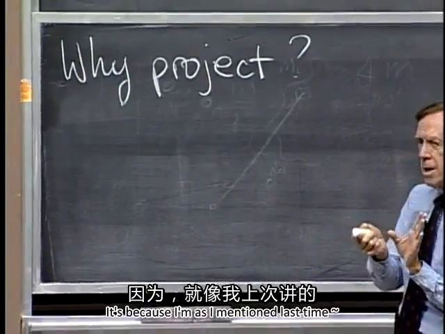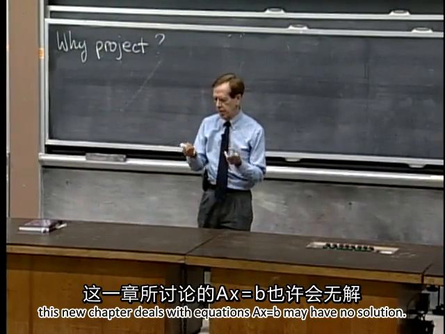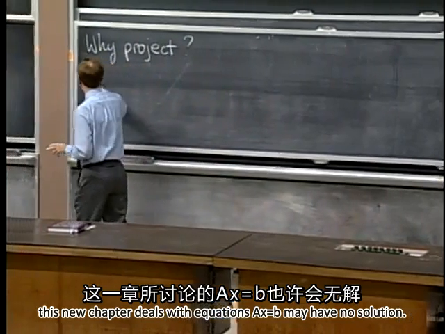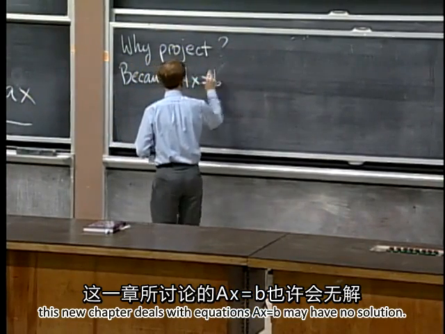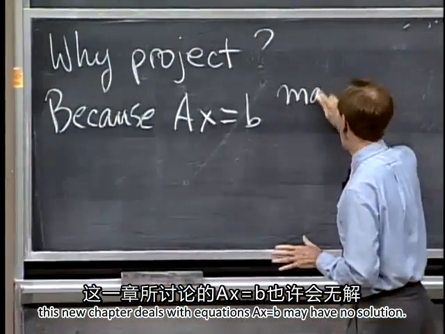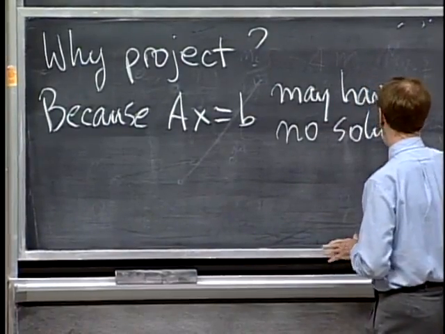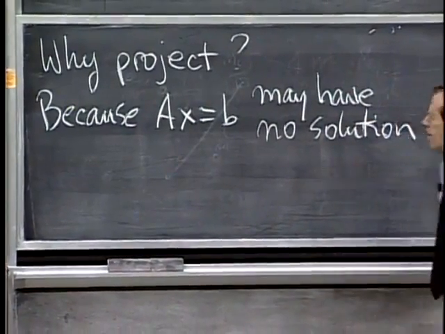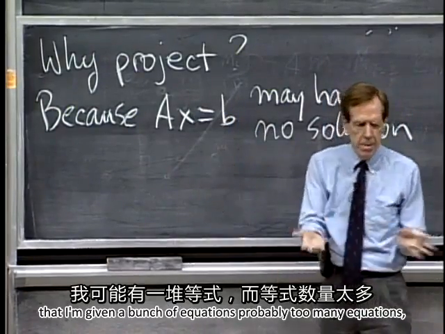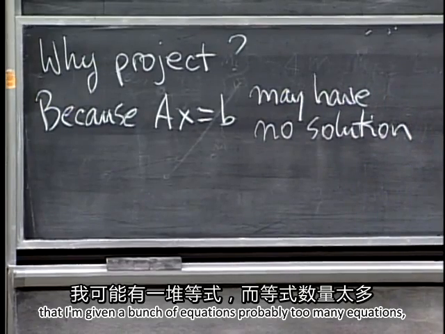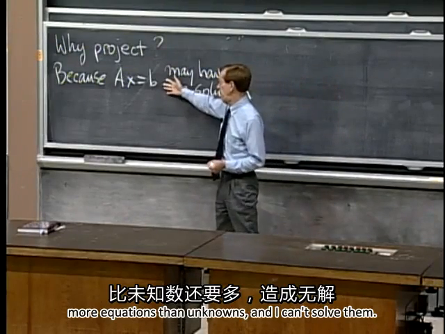It's because, as I mentioned last time, this new chapter deals with equations AX equal B that may have no solution. So that's really my problem: I'm given a bunch of equations, probably too many equations, more equations than unknowns, and I can't solve them.